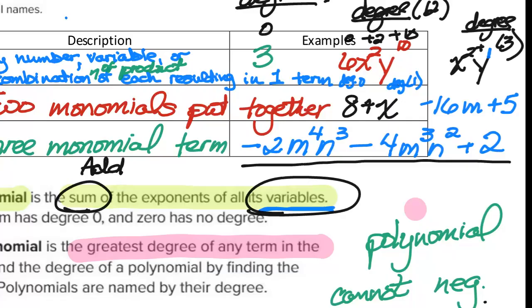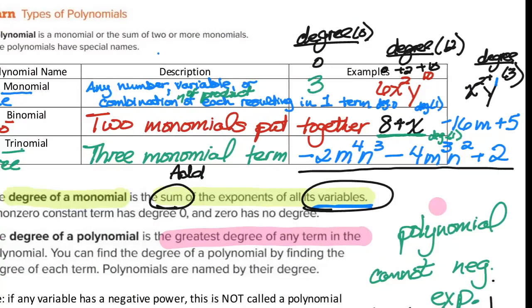You take the highest of each individual term. Okay? So this polynomial right here has a degree of 1. This polynomial has a degree of 1.